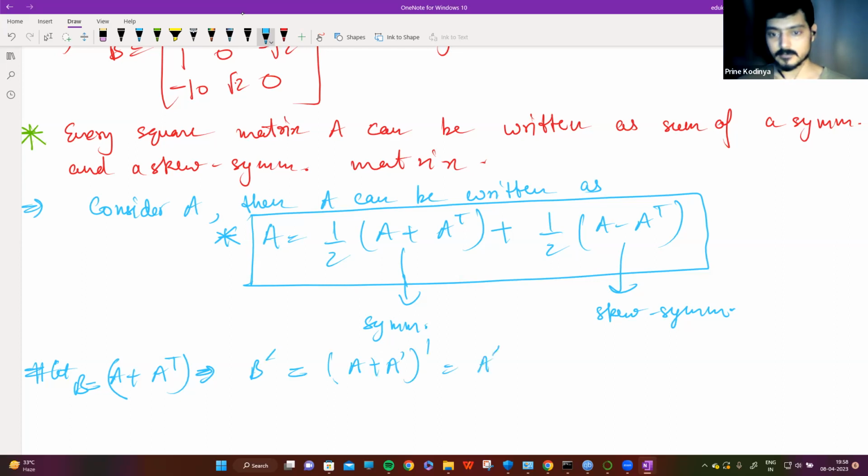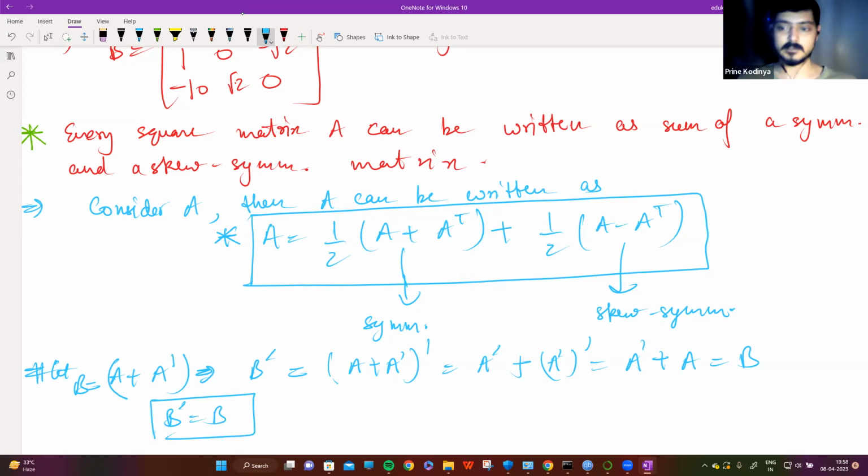So this will become A dash plus A dash of dash, which is nothing but A dash plus A. And A dash plus A is nothing but B. So A plus A dash comes again as A dash plus A after taking transpose. So we can say that B dash is equal to B. Hence, if we add a matrix to its transpose, then it becomes a symmetric matrix.